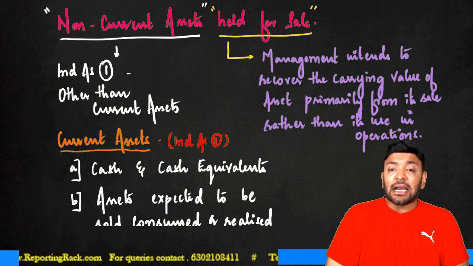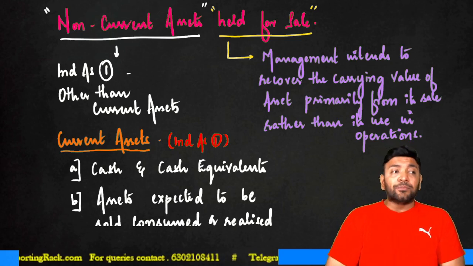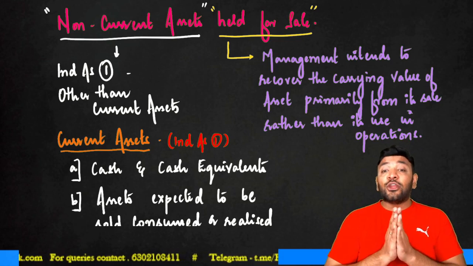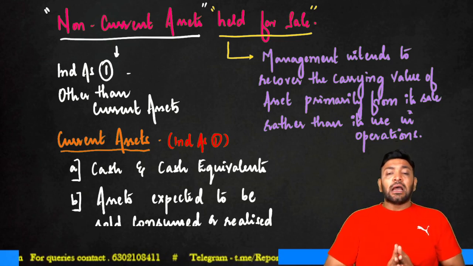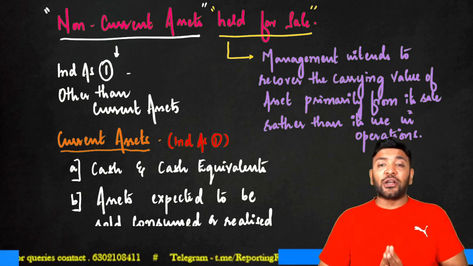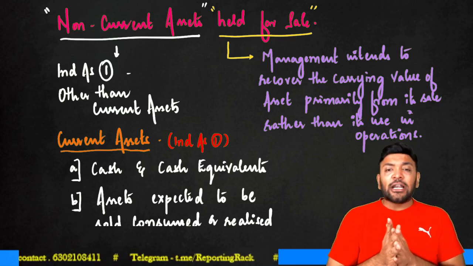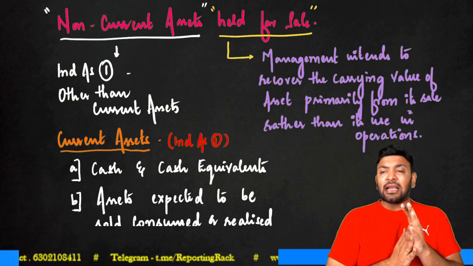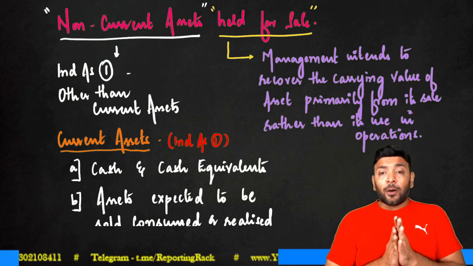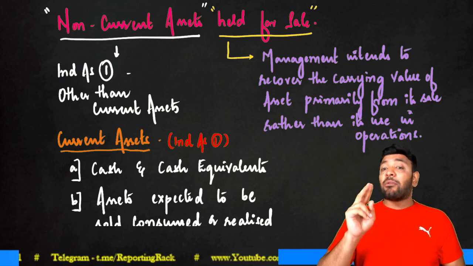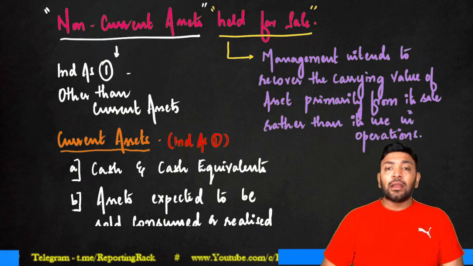Now, this generally occurs when a particular asset is no longer intended to be used by the enterprise. I have no intention to use this particular asset. For example, I am operating a particular asset and I found that the cost of operating the asset, in the cost of each finished product, is about 20 rupees per unit.